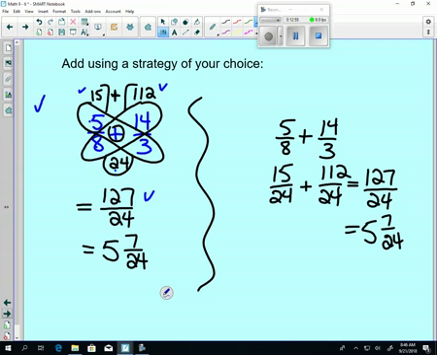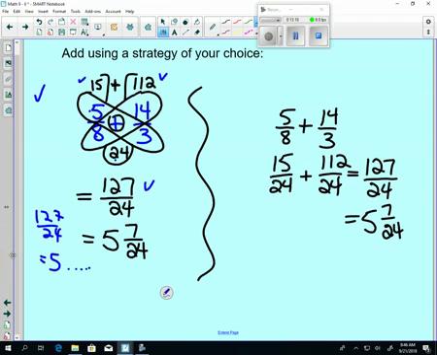Take our calculator and divide that, we'll have 5. And if you use a calculator, it will give you a decimal, but if we divide 127 by 24, we're going to get a whole number 5 and some decimals. Well, just take our 24, multiply it by 5.